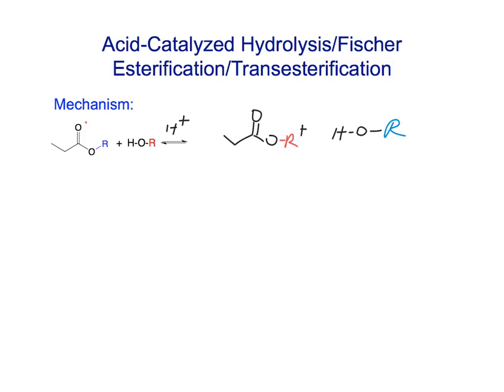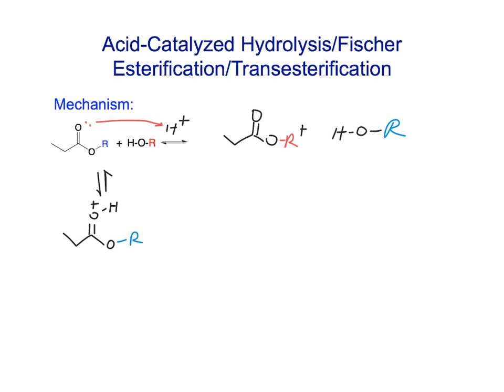We are going to start out by protonating that oxygen. This is the same thing we did when we formed hemiacetals from aldehydes and ketones. If we do that, we add our H plus there.